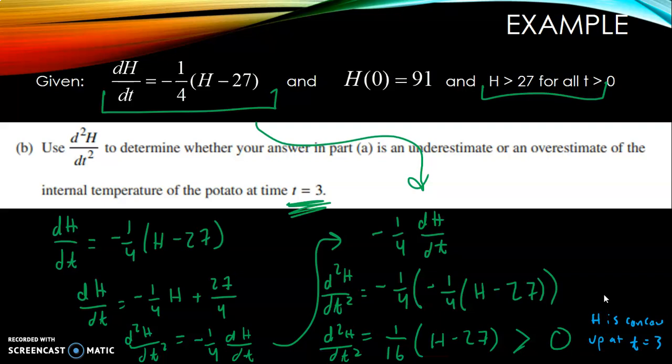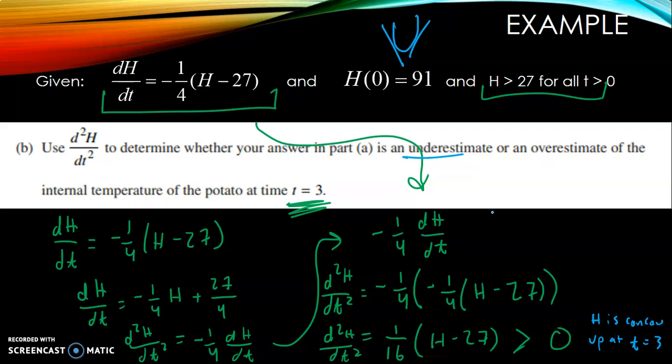So we're almost done. We just need to answer the actual question. So my answer from part A is either going to be an under or an overestimate. If I'm concave up, the tangent line will always be below the graph. Therefore, it's going to be an underestimate.